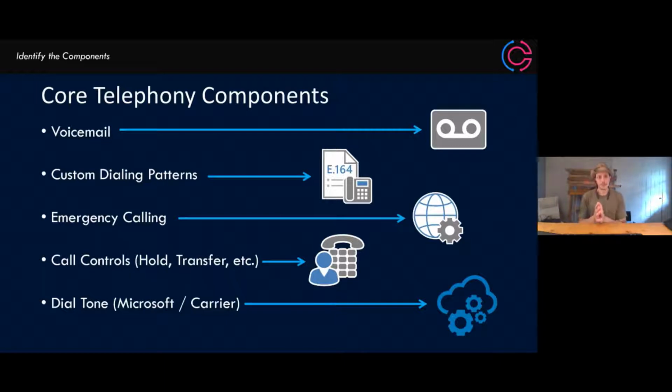But there are many organizations that simply cannot get away from these dialing patterns for one reason or another. Again, it might be that these numbers are printed on materials and distributed throughout the environment, whatever the case may be. If you need to have custom dialing patterns, you can build custom dial plans within your tenant with a large number of normalization rules to accommodate various patterns.